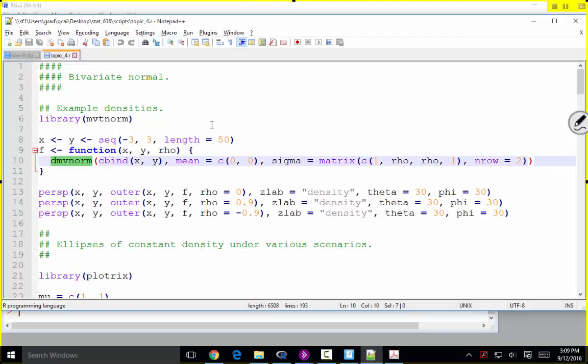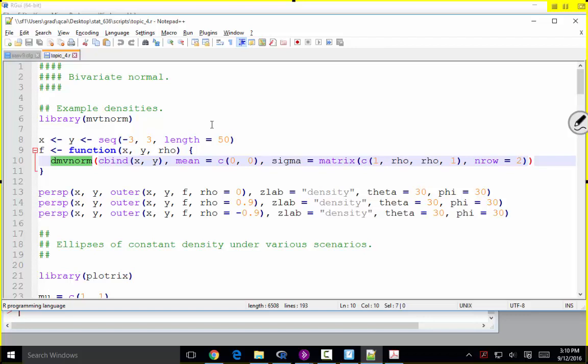For any distribution in R, like the normal, there is a dnorm function that will evaluate the PDF. There is pnorm, which gives you the CDF. There is rnorm, which gives you random draws from a distribution. And there is qnorm, which gives you percentiles. Now we're dealing with MV norm.